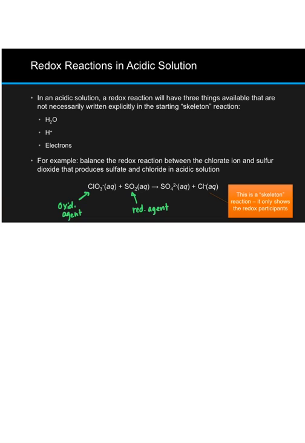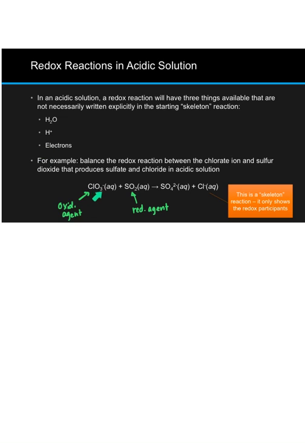Keeping in mind that if this reaction occurs in acidic solution, as stated here, that there are contributing alternative substances that might not be part of oxidizing agents or reducing agents, namely water, protons, H+ cations, and electrons that are being transferred.